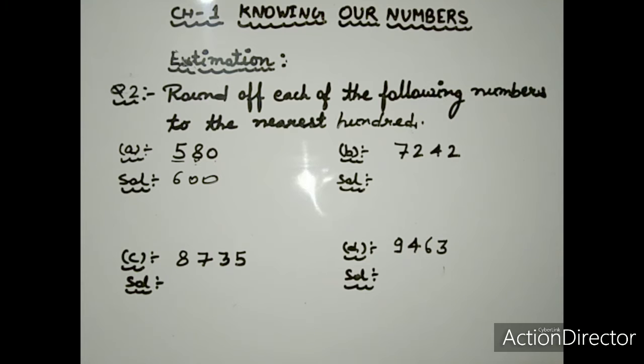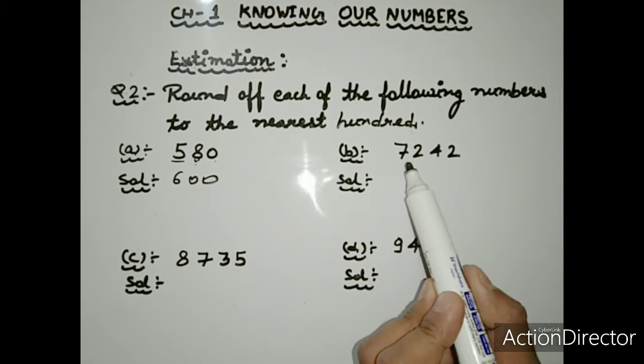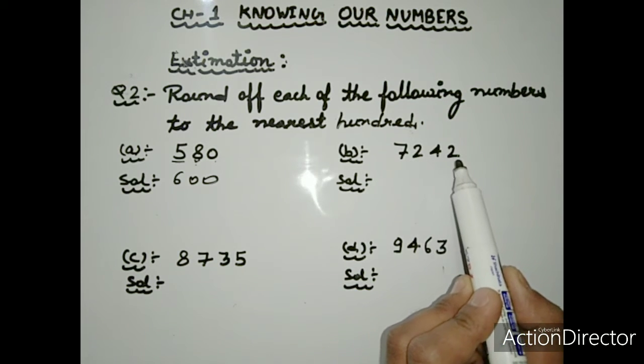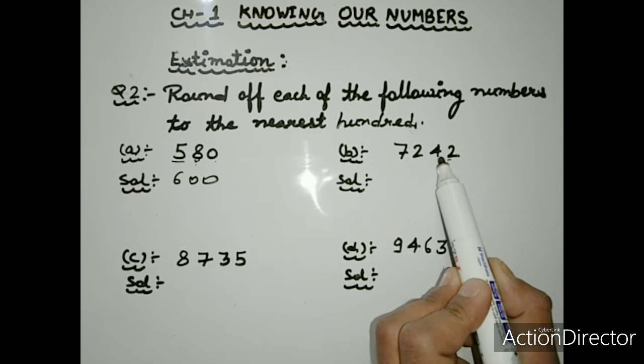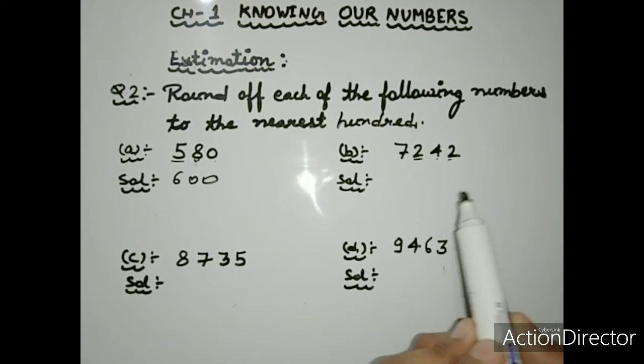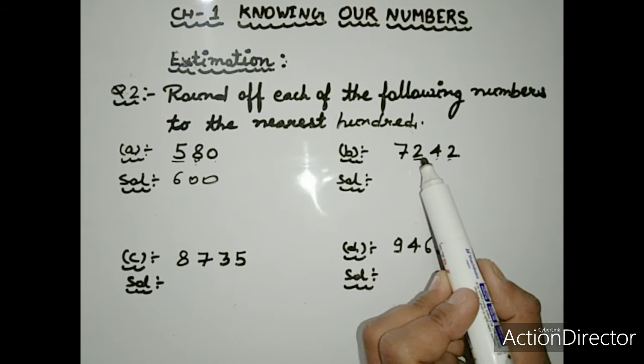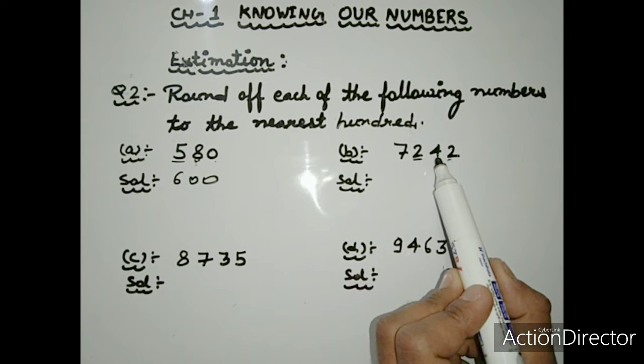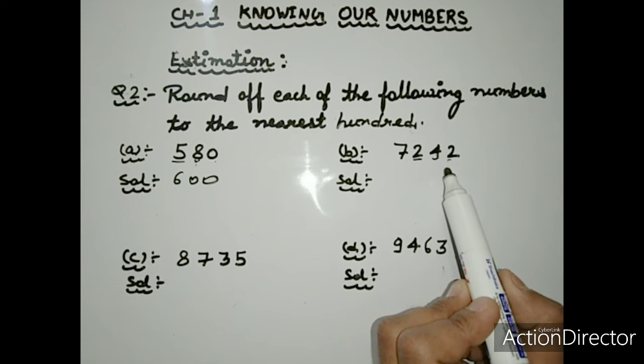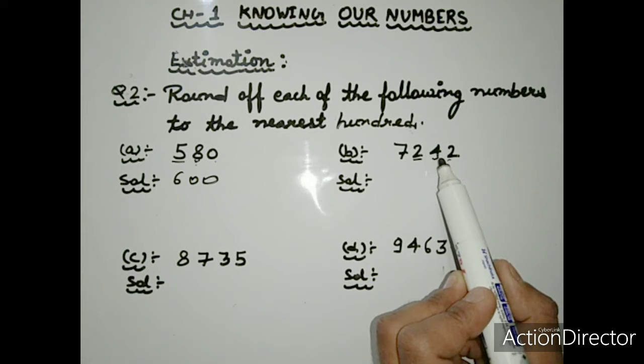Now the B part of this question, 7242. Here the required place is 100, and we will check the digit on the right-hand side of the required place. The digit on the right-hand side is 4, and 4 is smaller than 5.